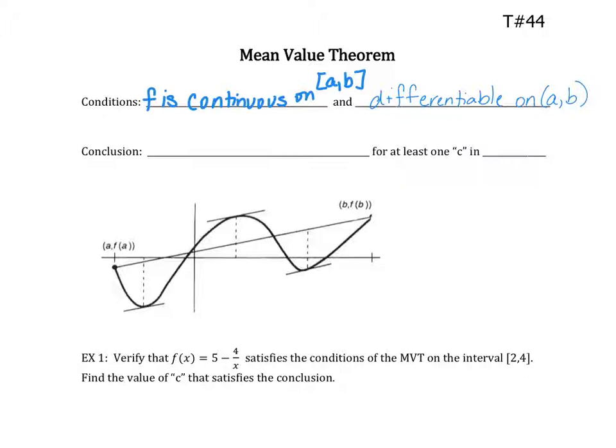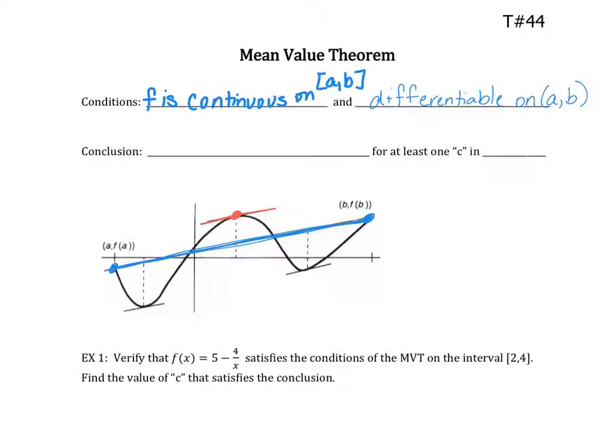Well, this picture kind of shows what the conclusion is, but let's just see if we can figure it out. What I'm saying is that if I found the slope of the secant line, the slope of that blue line, somewhere in between A and B, there has to be a place where the slope of the tangent line is the same as the slope of the secant line.